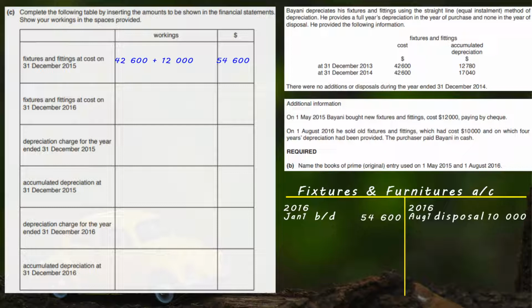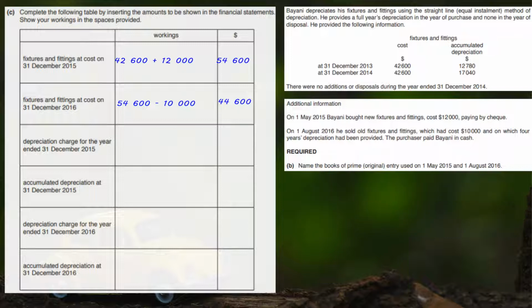Whatever is left is your balance for the year, which is 44,600. So in this case, fixtures and fittings at cost on 31st December would be 54,600 minus 10,000, which gives us 44,600. Yeah, so far so good.